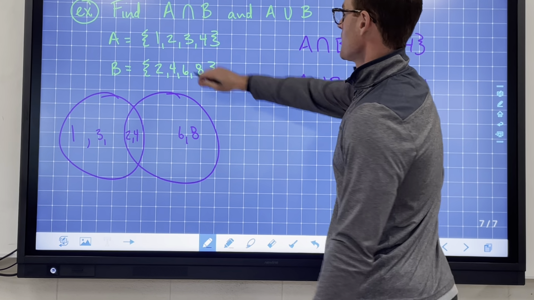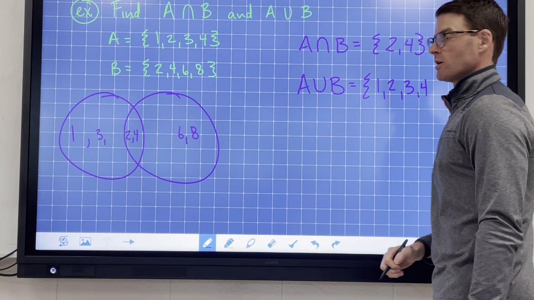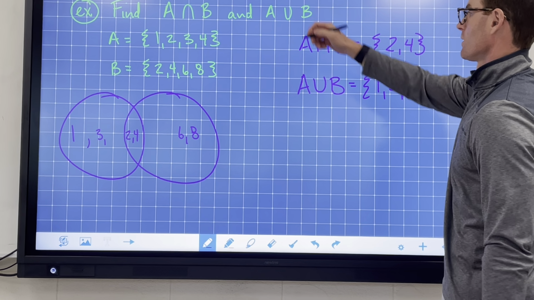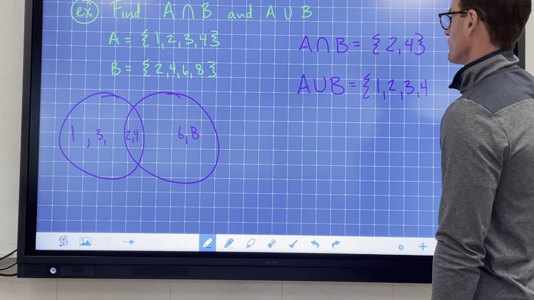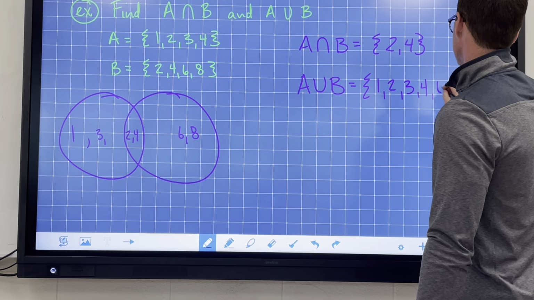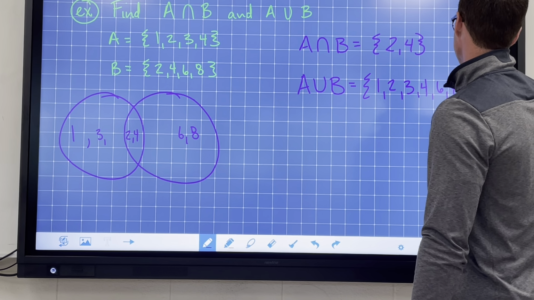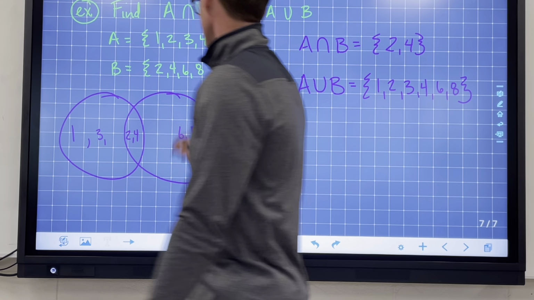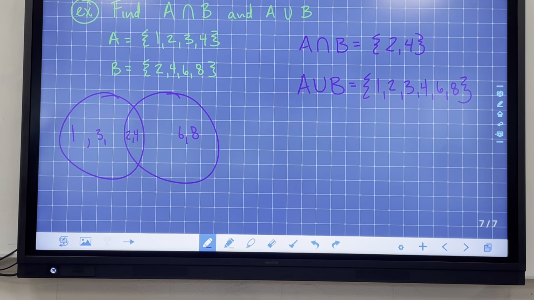I don't need to repeat anything. They're in both groups, so if there's 2 and 4, I'm just going to write them once. So 1, 2, 3, 4, 6, and 8. That's just what happens when I stick the elements of both groups together. I get a set that looks like that.